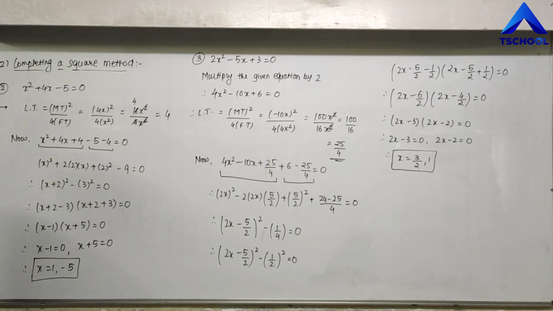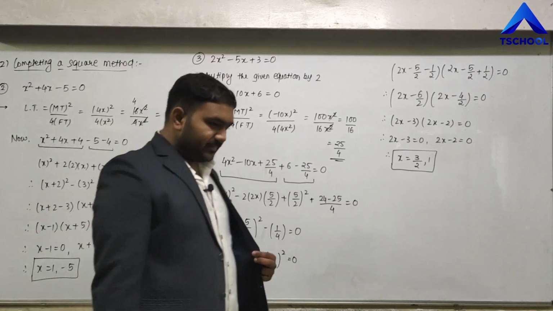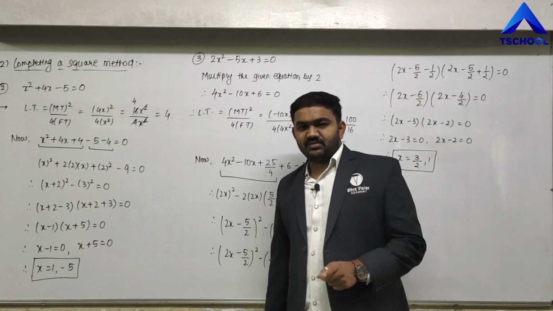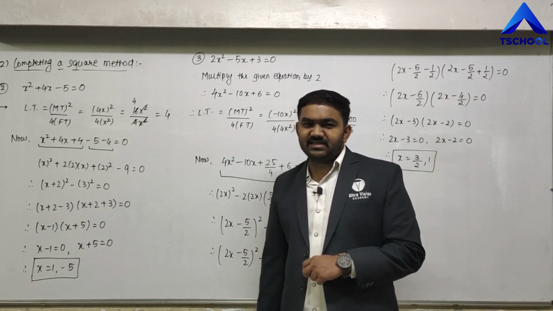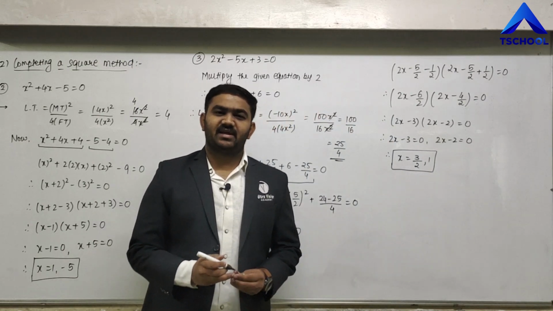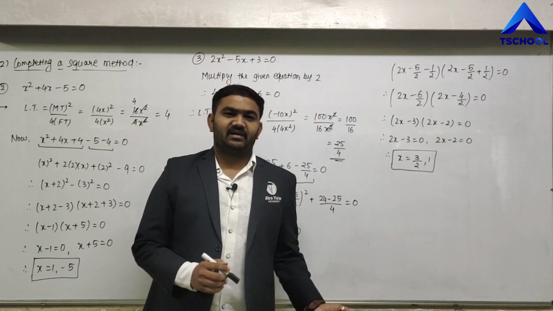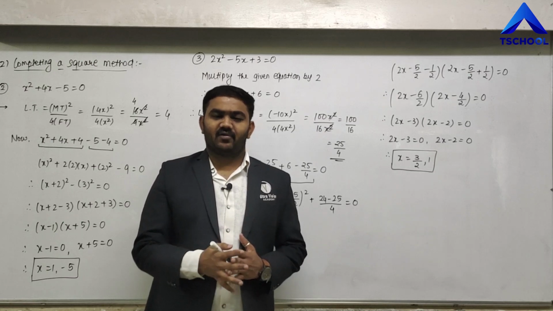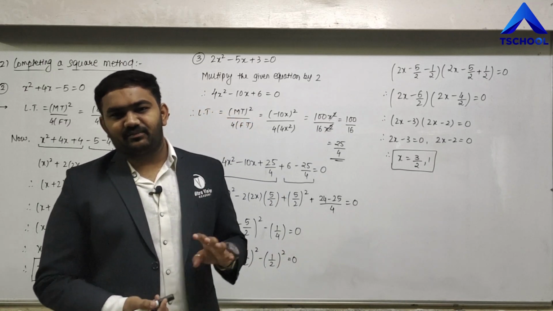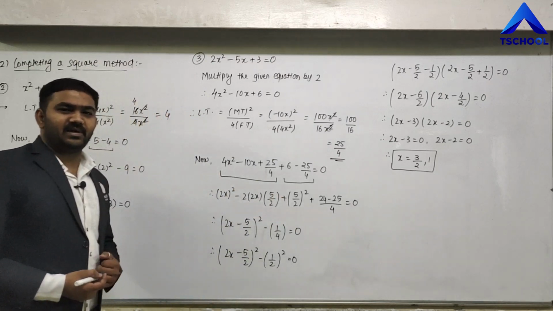So friends, what you are going to do in today's work is solve the sums that we discussed in the previous lecture by using this completing a square method. That means the questions that I have solved in the factorization method and in the formation of a quadratic equation, you will solve those same examples by the completing a square method.